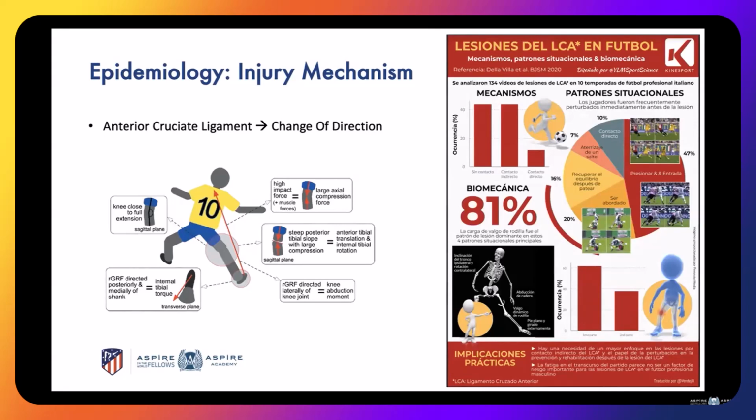And in this case, we are seeing the injury mechanism from the ones that are more severe. In this case, it is the ACL, and the injury mechanism is the change of direction. So here again, our main focus for this rehab process is to replicate this change of direction. This is going to be our main goal.